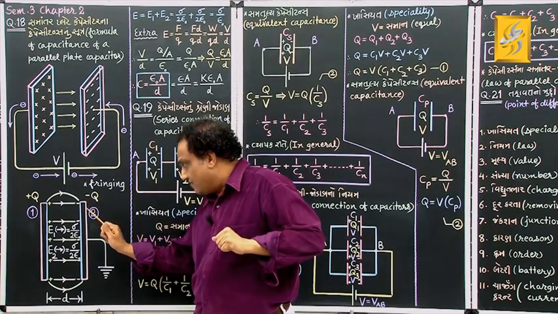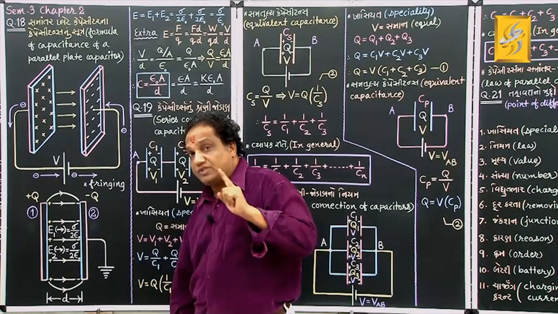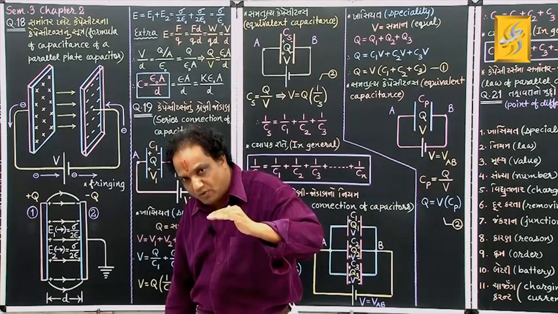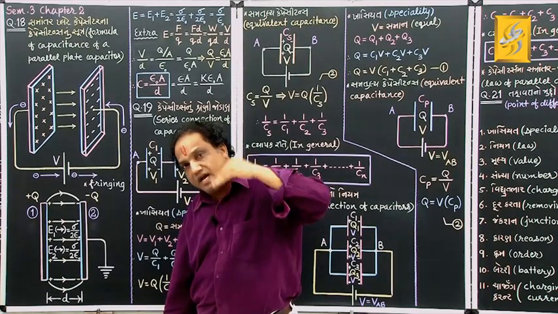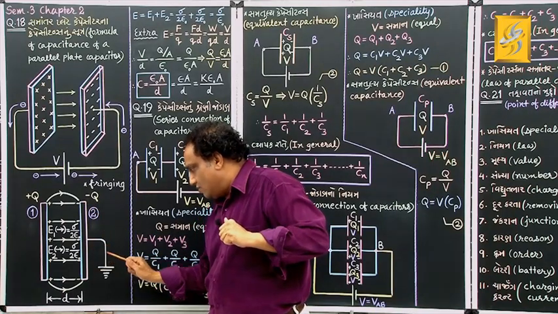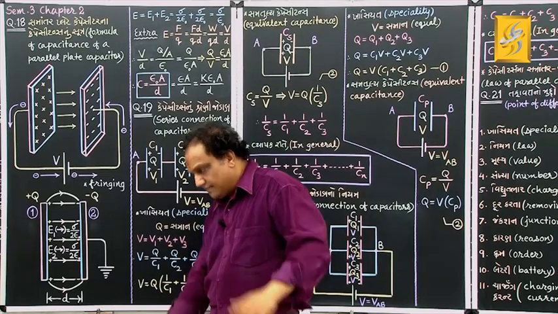So electrons would prefer to go from here to here through this conducting wire, because they have a tendency to move from lower potential to higher potential. Compared to negative, 0 potential is higher potential, correct? So when electrons have gone inside the ground, there are no more electrons here, fine.